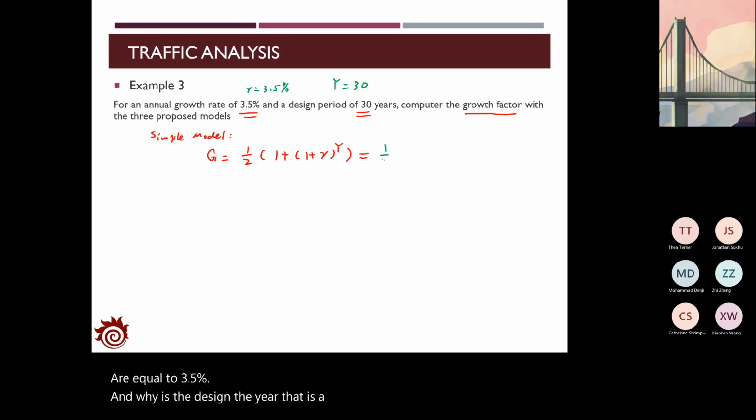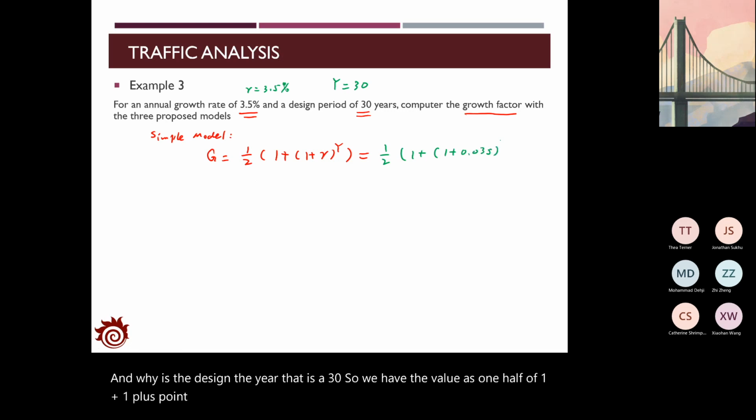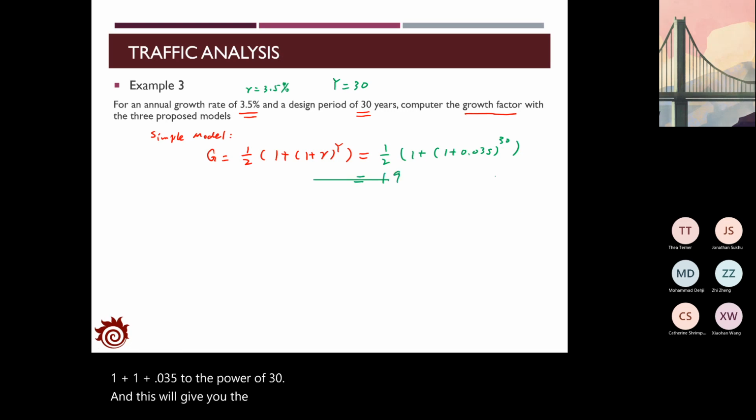So we have the value as 1/2 of (1 plus 0.035) to the power of 30. And this will give you the growth factor of 1.9.